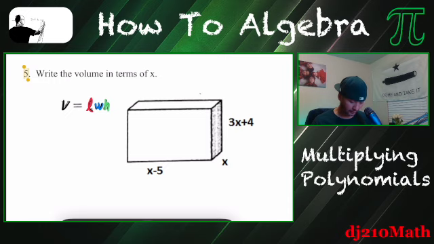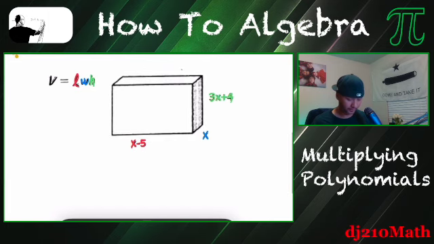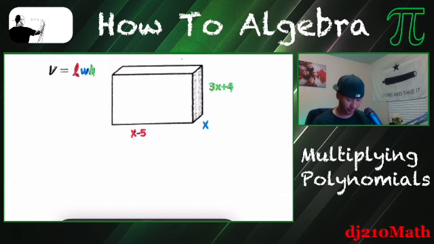All right, length, we can call this x minus 5. Width is x, and height is 3x plus 4. All right, because it's multiplying, really we could have done it in any order. It truly doesn't matter the order, but we have to multiply all these together. So it doesn't matter which ones you do first because it's multiplying. We'll just go kind of in order.